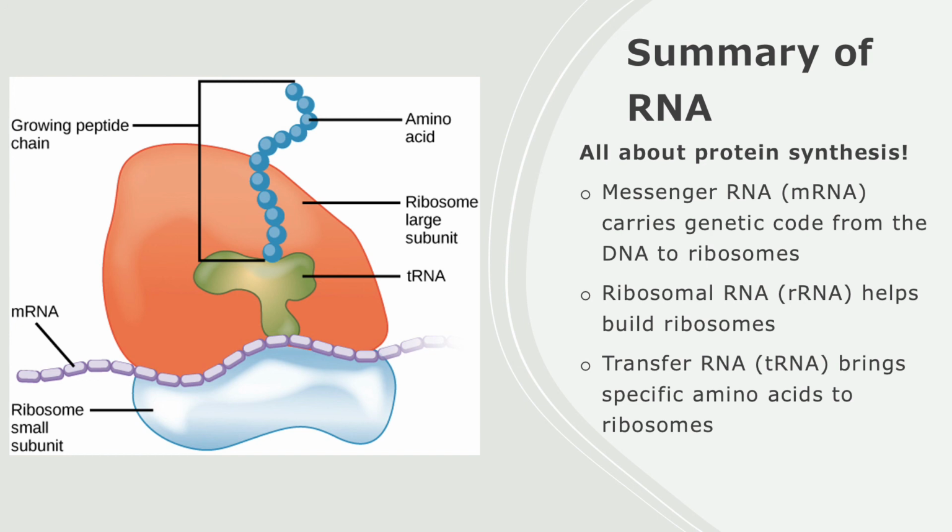The ribosomal RNA helps build those ribosomes, which will work with the tRNA in order to bring specific amino acids to those ribosomes and build that polypeptide chain, which will eventually, once it's finished, form that protein. RNA is all about protein synthesis. So these 3 main types are involved very closely with protein synthesis, and cellular function would be impossible without it.